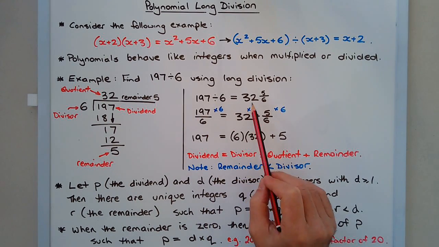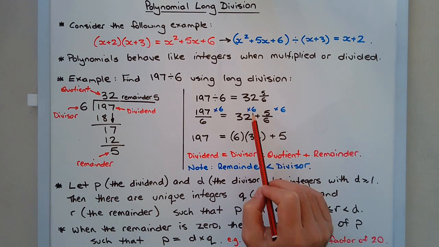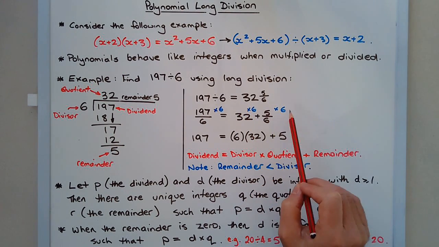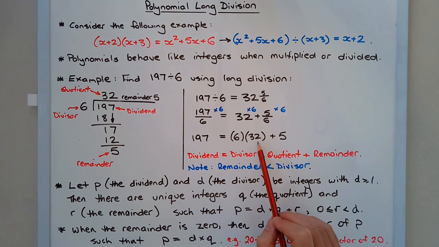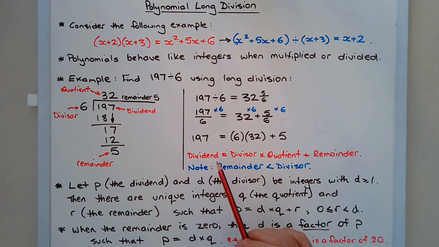Multiply that by 6, multiply the 32 by 6 and the 5/6 by 6. You end up with 197 is equal to 6 times 32 plus 5. So this is in the form dividend equals divisor multiplied by quotient plus remainder. And notice no fractions are used here to express this result.